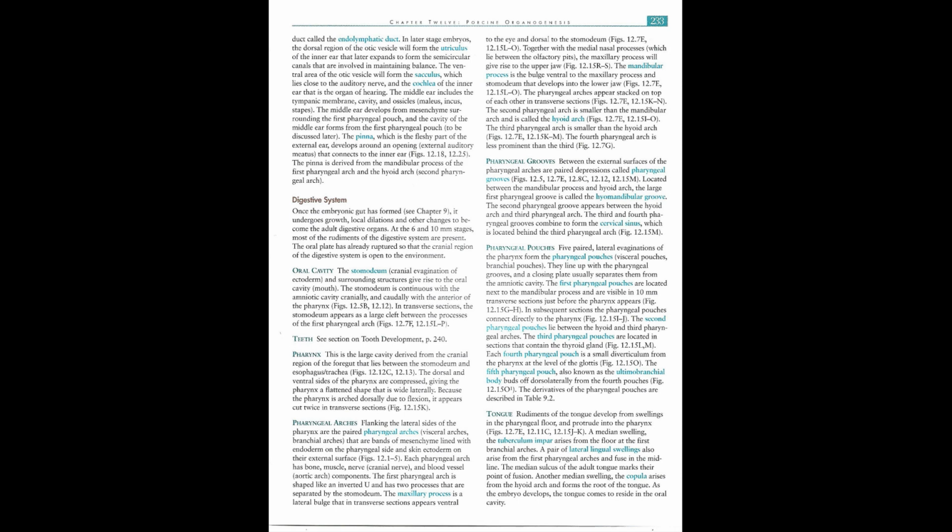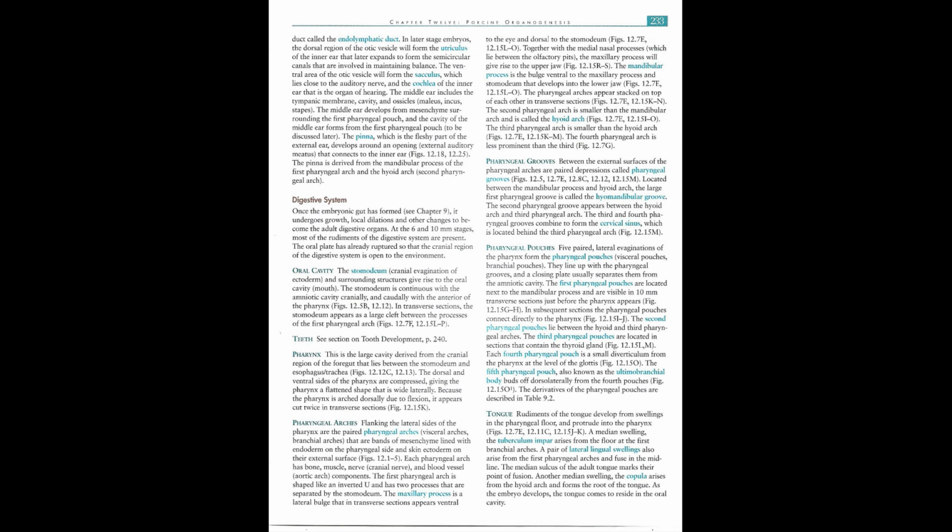The mandibular process is the bulge ventral to the maxillary process and stomodeum that develops into the lower jaw, Figs 12.7a, 12.15 LO. The pharyngeal arches appear stacked on top of each other in transverse sections, Figs 12.7a, 12.15 kN.